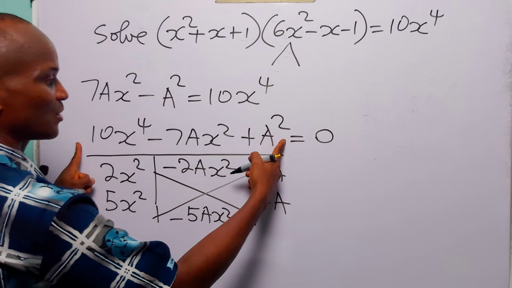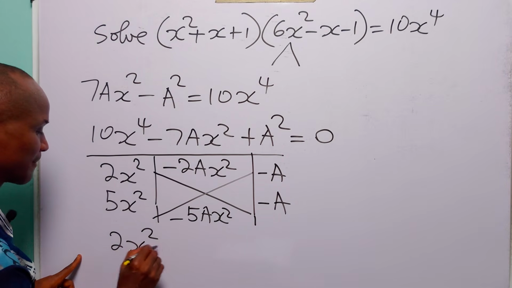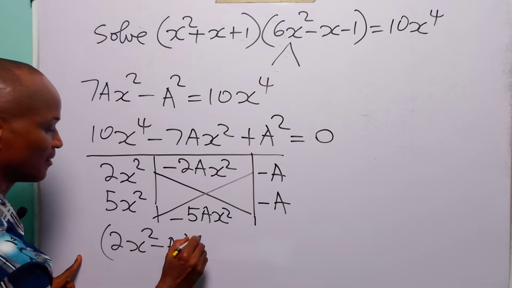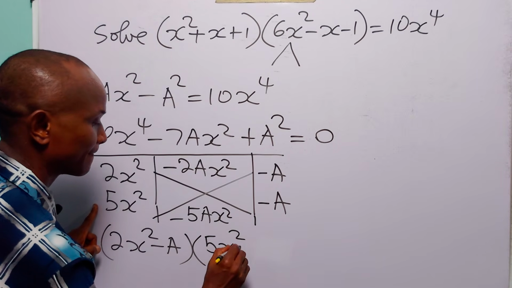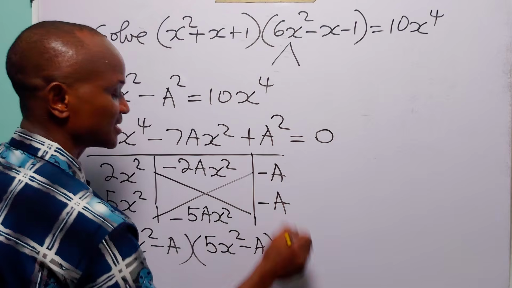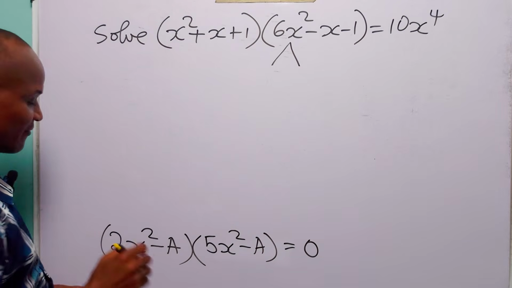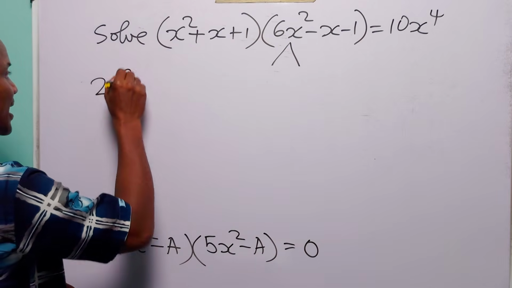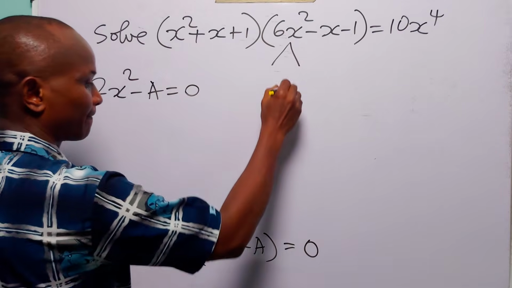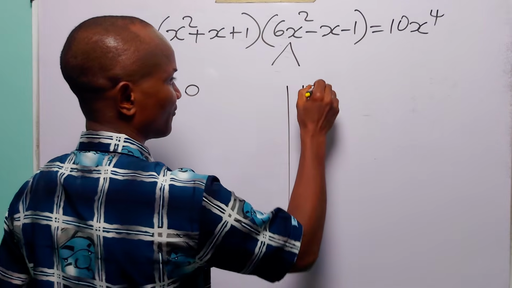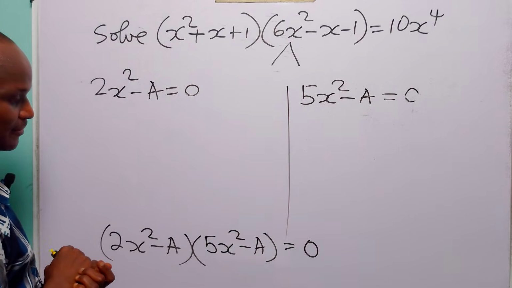So that simply means that when we factorize this, we have 2x squared minus A multiplied by 5x squared minus A. And of course, this is equal to 0. Now from here, we have that either 2x squared minus A is equal to 0 or 5x squared minus A is equal to 0.